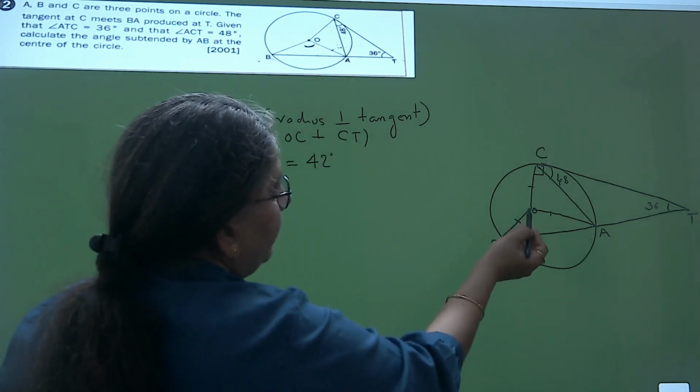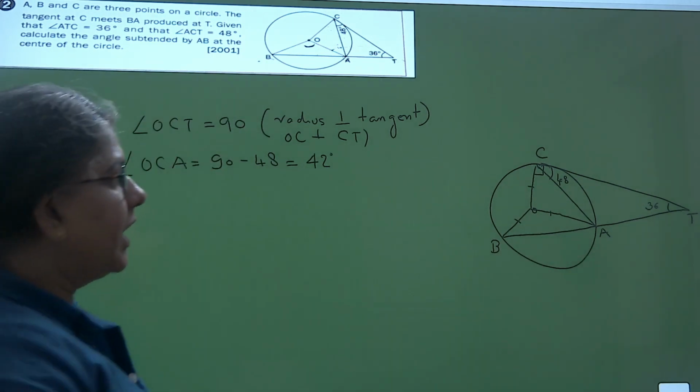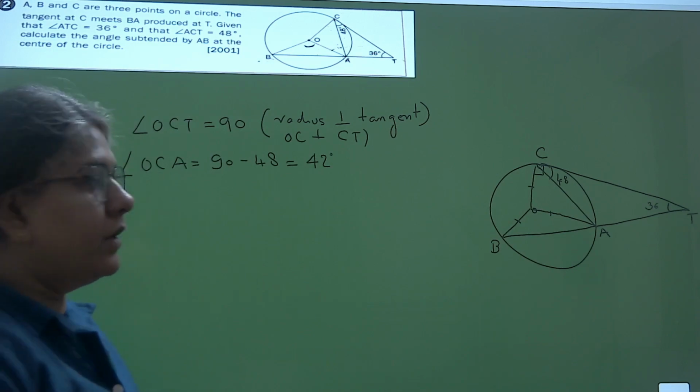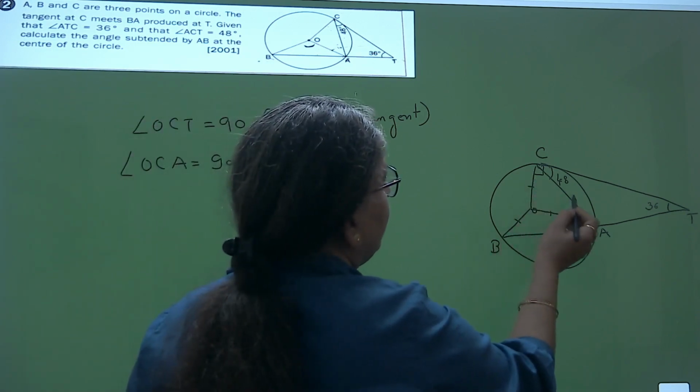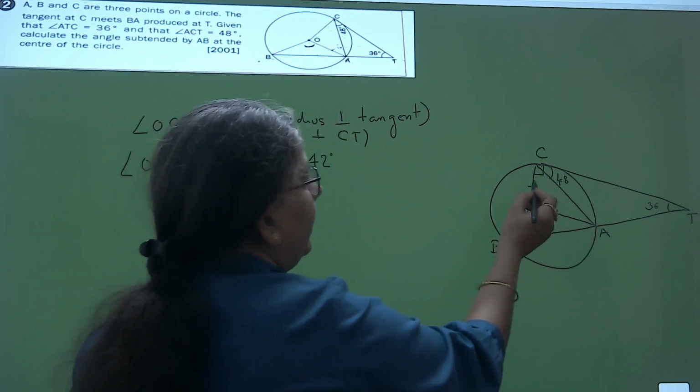And we can see triangle OCA is an isosceles triangle because OC is equal to OA. Hence, the base angles will be equal, that is OCA and OAC will be equal.